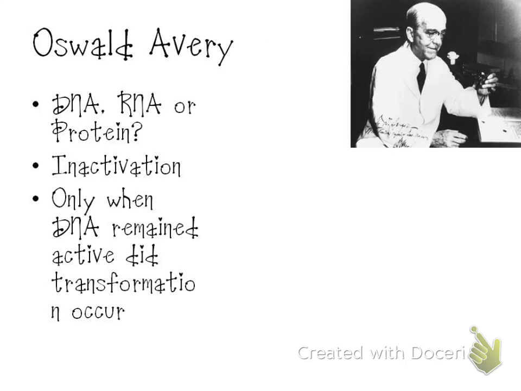Oswald Avery spent 14 years trying to figure out what this transforming agent was, because they didn't know it was DNA. They knew it was either DNA, RNA, or protein. So what he did is he broke open heat-killed bacteria and extracted cellular components and inactivated one of each of those three, the DNA, RNA, or protein, each time, and then tested to see if the heat-killed bacteria could still transform non-pathogenic bacteria.